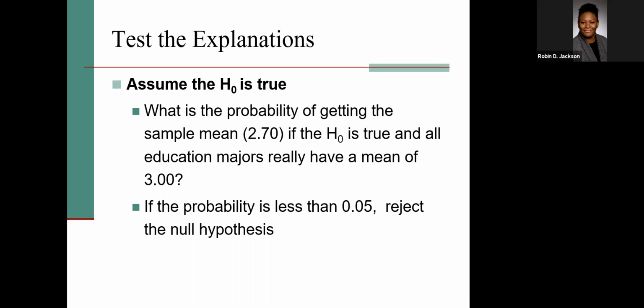Let me say it this way. If, after we do the test, the probability that our findings are due to random chance is less than 0.05, we reject the null hypothesis. Again, remember, the null hypothesis means there are no statistically significant differences.